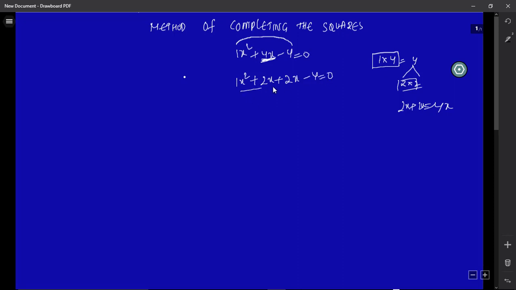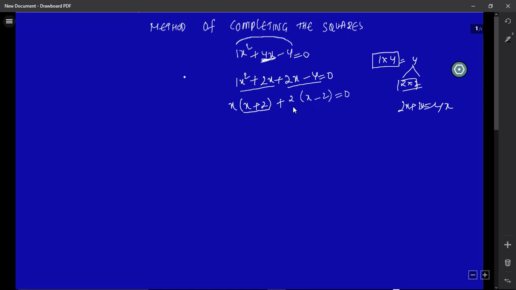We take x common from the first two terms and get x into x plus 2. From the next two terms, I can take 2 common, because 2 and 4 both go in the 2 table, and I get x minus 2 here.